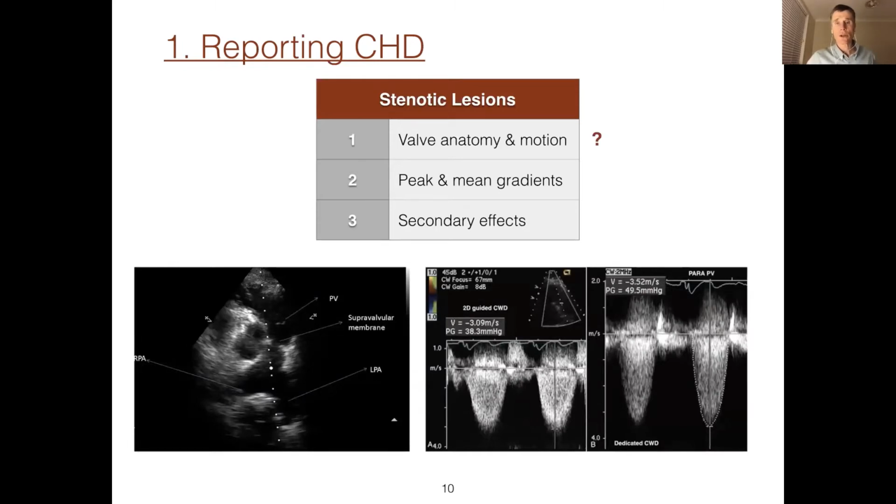Another stenotic lesion. What about in cases where the valve itself is okay, but the stenosis occurs somewhere else? Well, in this particular example, we've got stenosis that is occurring above the valve, a supravalvular lesion.